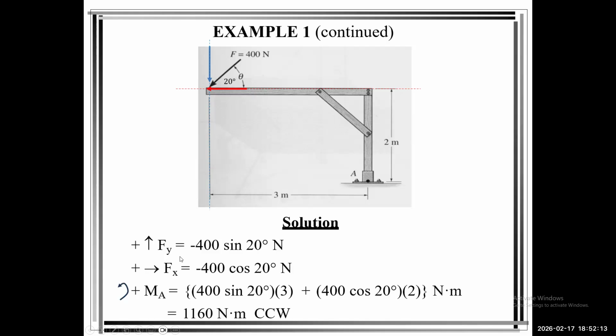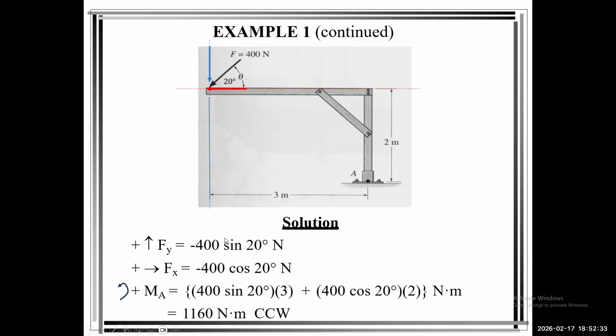So we put them as minus here. So we know that up direction, convention is positive. So if it's going down, it's minus. And if you're going to the right, it's positive. But these forces are doing the opposite. So we put them in. All right. So those are the components.